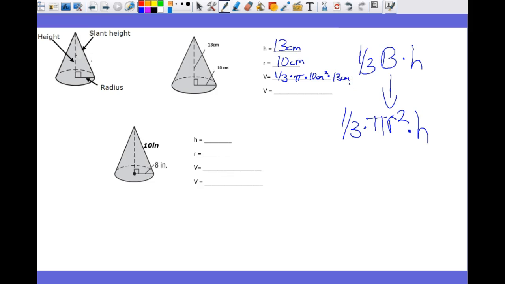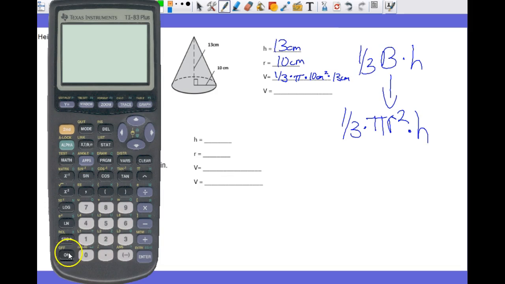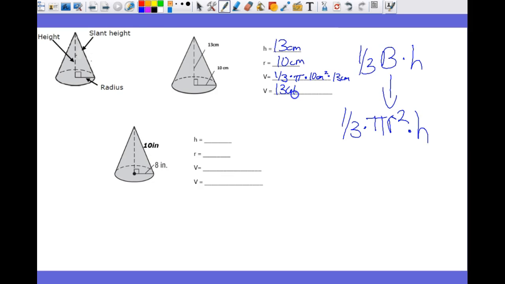Plug that into your calculator, and let's see what we get. 1/3 of pi times 10 squared times 13. 13.5? 0.4.